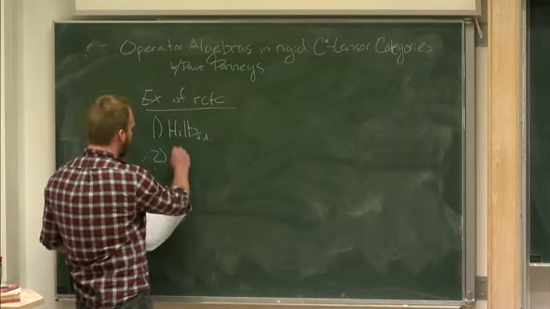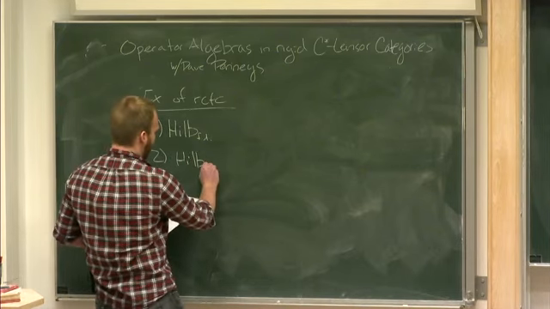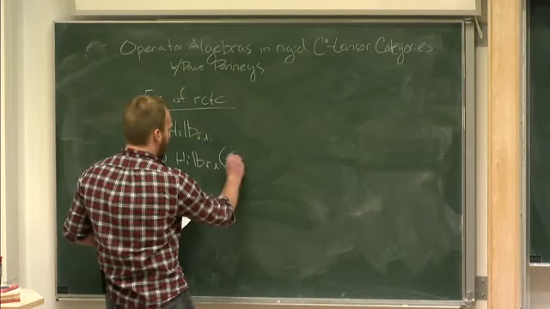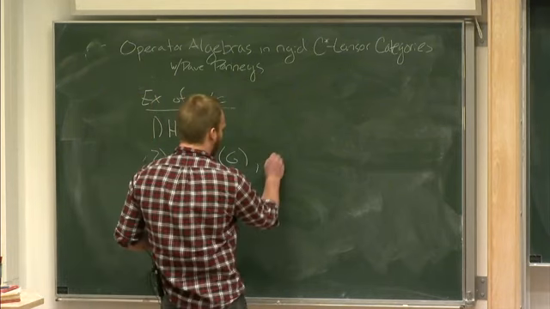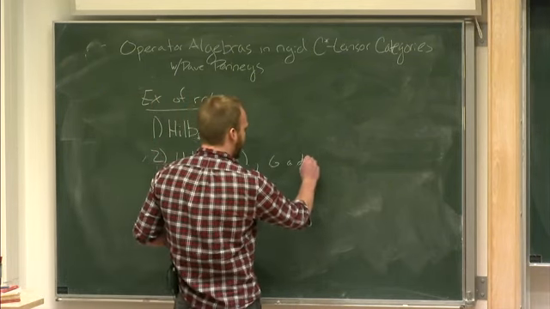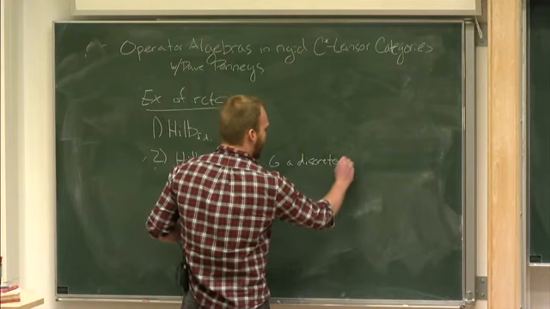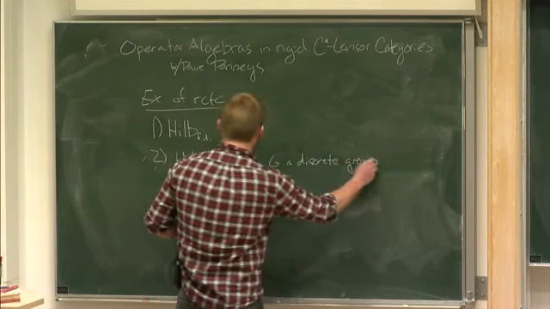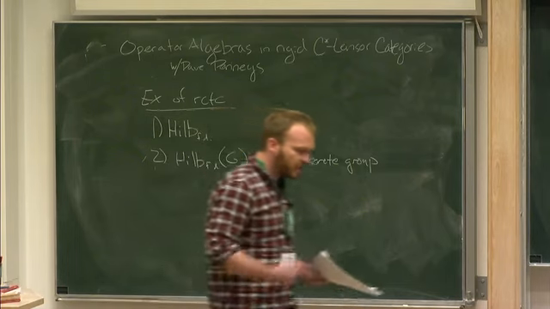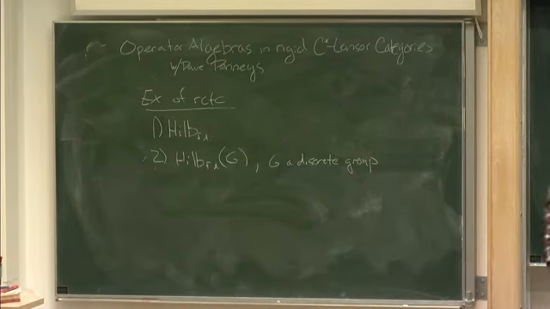The second one is going to be Hilbert FD of G, where G is a discrete group. So pick your favorite discrete group. Hilbert FD of G is the category of G-graded finite dimensional Hilbert spaces.